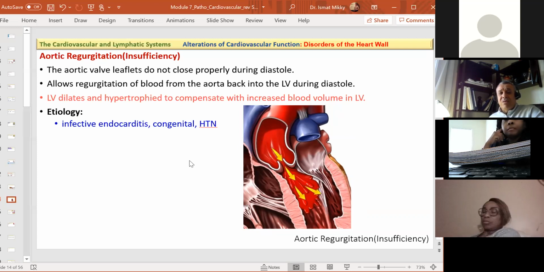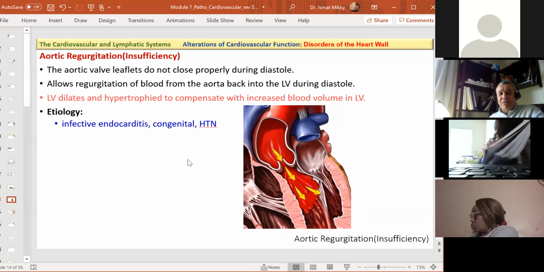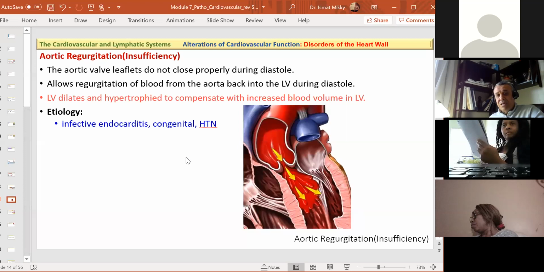And then they will develop left ventricular failure and signs and symptoms of LV failure. They would have a bounding arterial pulse, and the pulse pressure would be wide, not like stenosis, narrow pulse pressure.